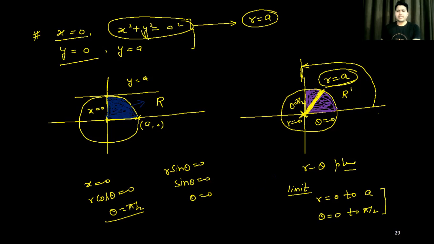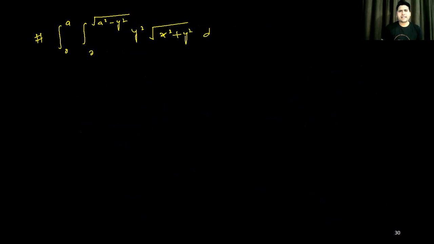Now finally, the limit is obtained from the region. So hence the given integral, which is the integral from 0 to a and 0 to root of a square minus y square of y square into x square plus y square dx dy, seems too complicated to solve in Cartesian coordinates.